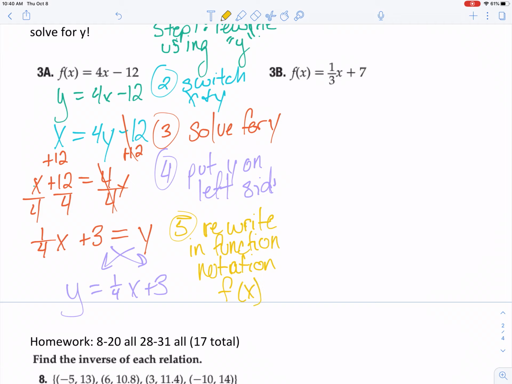However, f of x means, hey, this is the function. If you want the inverse of it, I can label that by putting a teeny tiny -1 right there. See that? So my final answer is f -1. The way I read that is the inverse function of x equals 1/4 x plus 3. And that is my final answer.